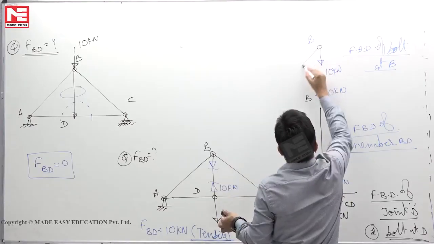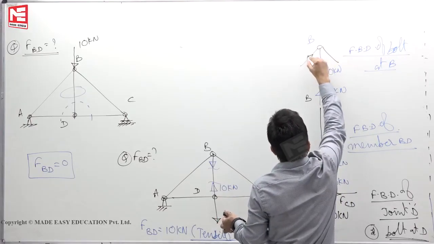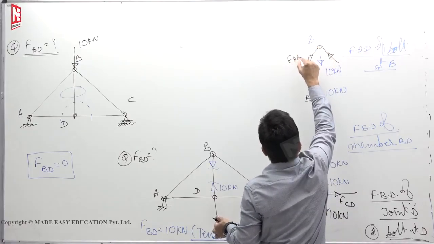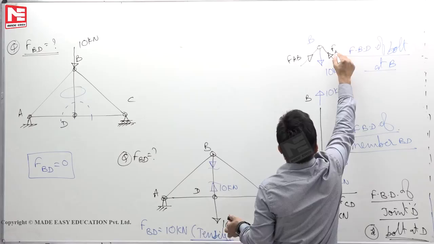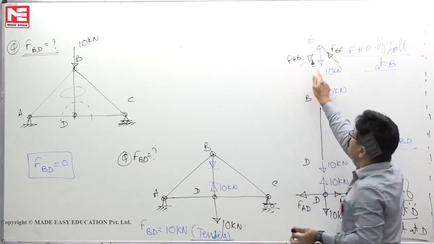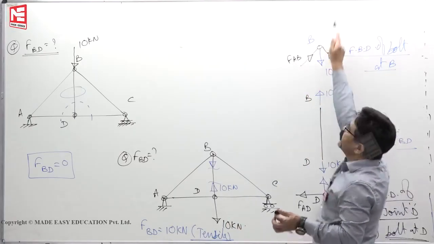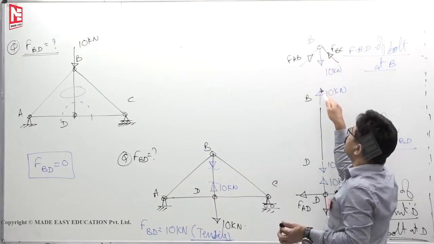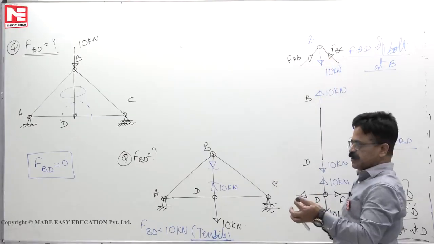These two members. There are two members, they will exert an upward force like this on the pin. This is maybe FAB, this is FBC. The resultant of these two black color forces is vertically up, magnitude is 10. So, 10 up, this 10 down. So, this joint B is in equilibrium.